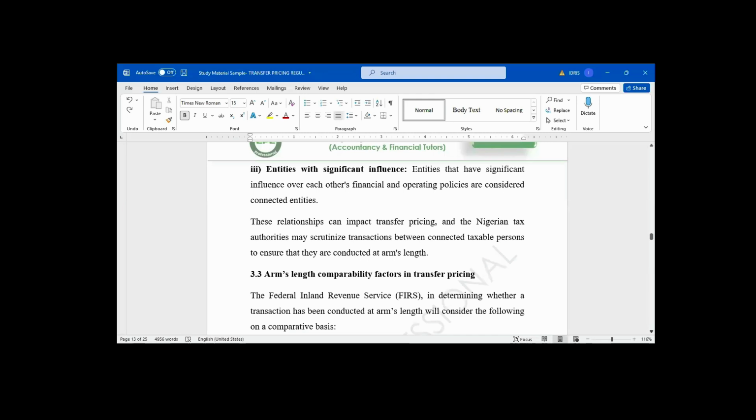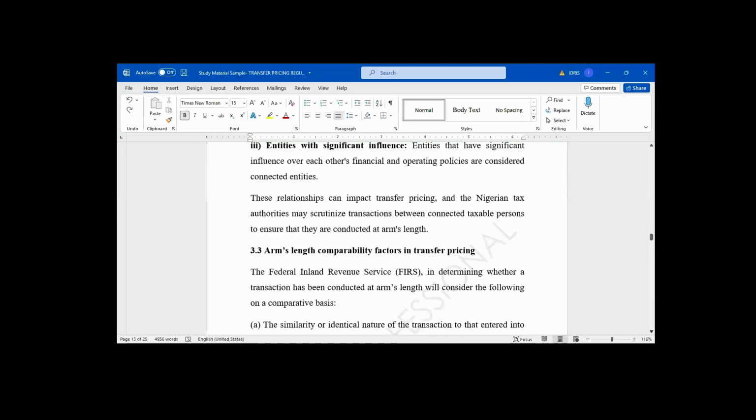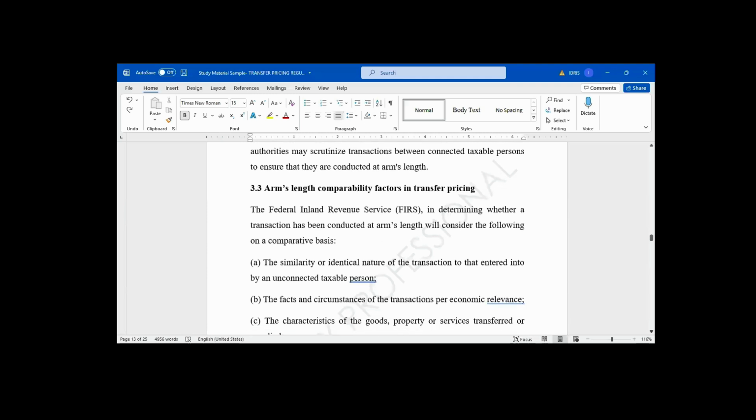Now, for FRS to determine whether a transaction between connected persons is done at arm's length or not, what are the factors? Arm's length comparability factors in transfer pricing. What are the factors that will determine arm's length in transfer pricing?